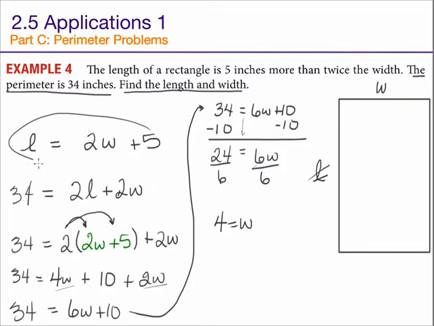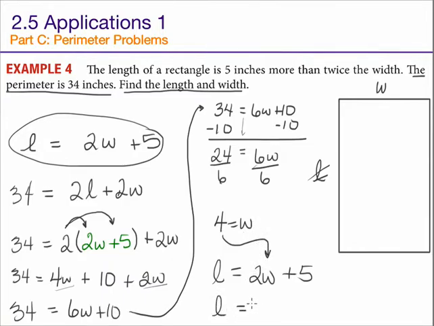My original sentence that the length is 5 more than twice the width, well, now that I know the width, I can replace W with 4 and rewrite the other equation.